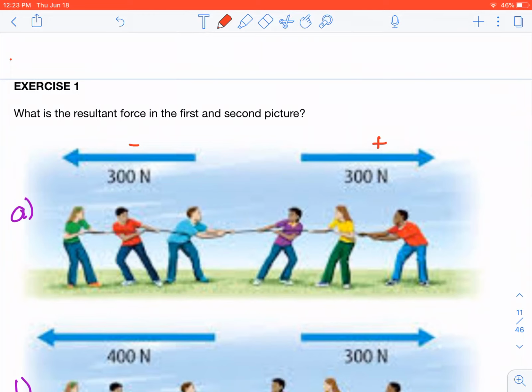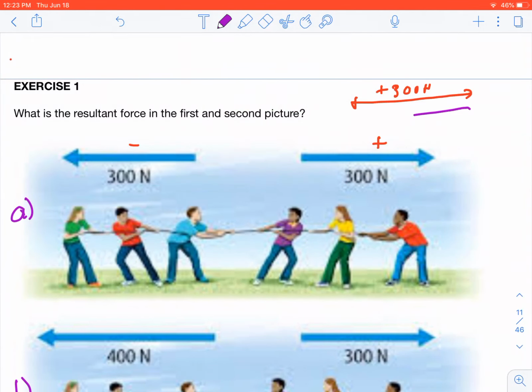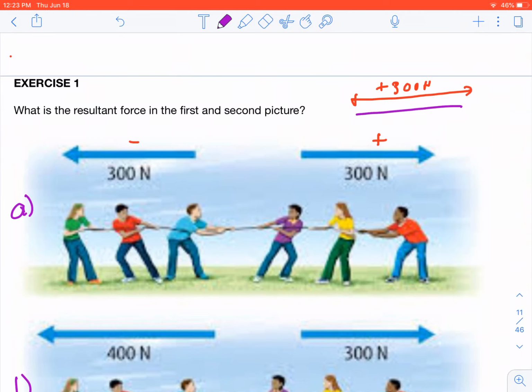Then if we did this geometrically, I have one moving in that direction as 300 newtons in the plus direction, and then it moves in the opposite direction, minus 300 newtons, and the resultant here is equal to 0 because it's back where the first vector originally started, right?